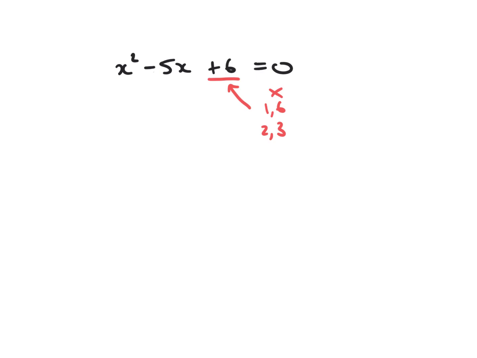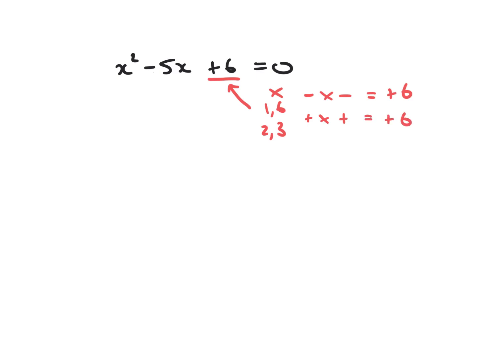Now, we need to look at these 2 numbers and go, okay, we're getting a positive 6. The only way to multiply to get a positive 6, do we have a negative times a negative, because hopefully we recognize that a negative times a negative is a positive, or do we have a positive times a positive? That could also give us positive 6.